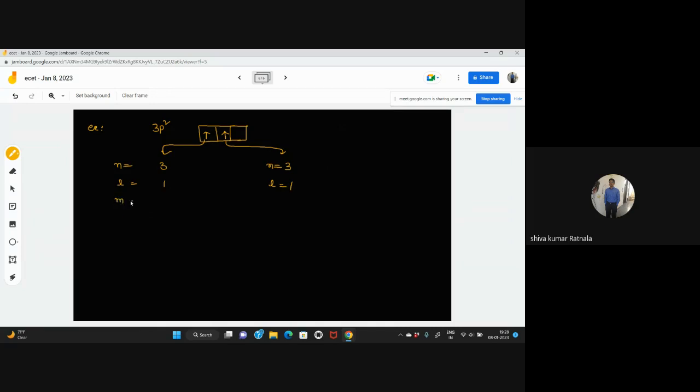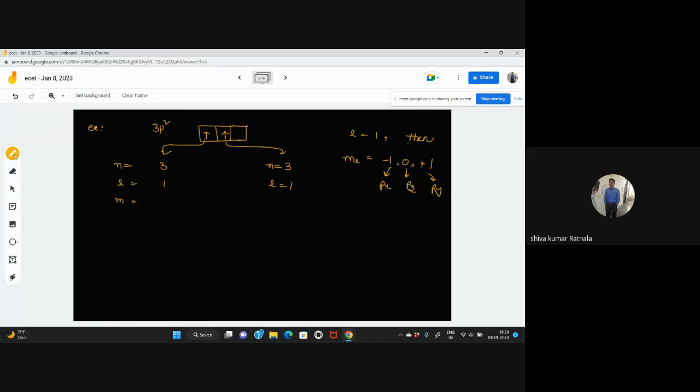And m value, I told you, no, if L equal to 1, ml values how many are there? L equal to 1, then ml values are -1, 0, +1. Okay. And this I said, no, this is px, this orbital will indicate py, and this is pz.